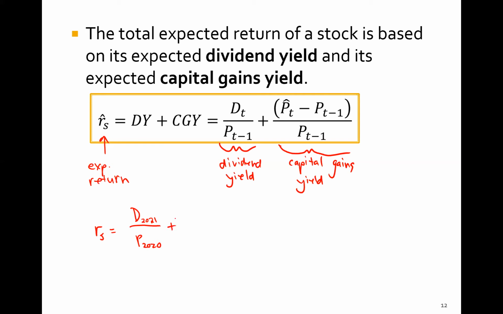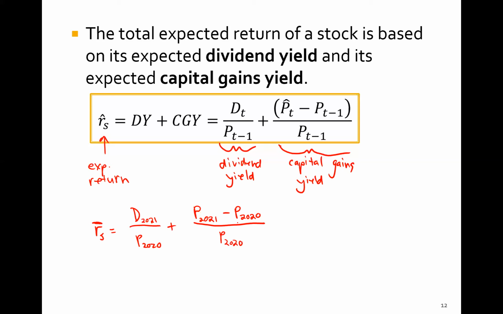If you sell the stock, you get what's referred to as the capital gains yield. We're going to use R bar for a realized return. If you sell it on the last day of 2021, the return that you earn is also the percent change in the price of the stock from the time that you held it.